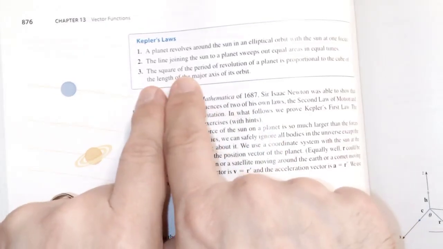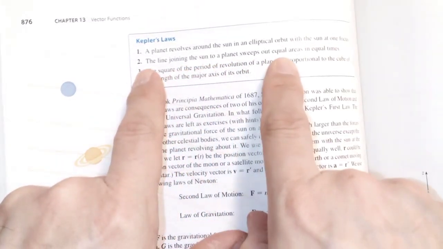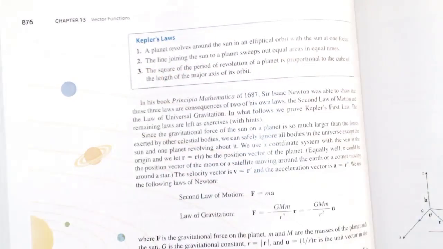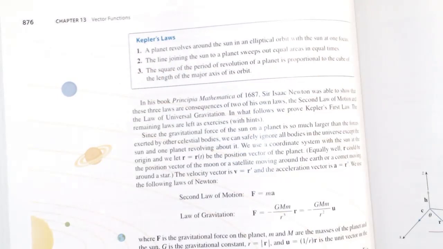The line joining the sun sweeps out equal areas in equal time. So from here to here, when I'm further away, is slower than when I'm closer because the area has to be proportional. So your speed changes by the square root of that distance behavior.